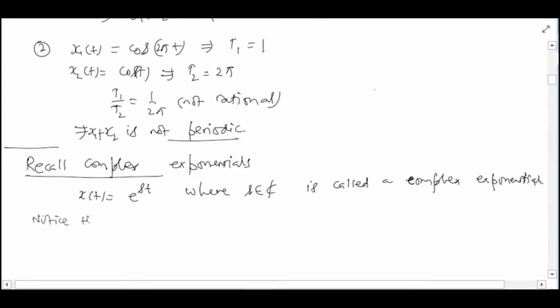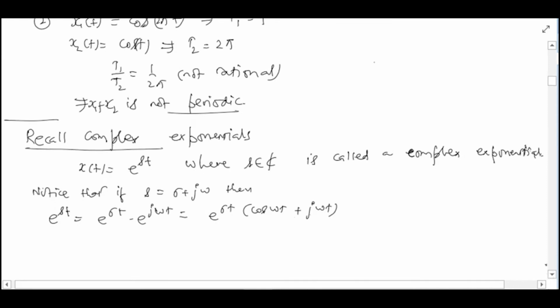Notice that if s, the complex number, is σ plus jω, then e^(st) is e^(σt) times e^(jωt), which in turn is e^(σt) times (cos ωt plus j sin ωt). Here the sine and cos functions constitute the periodic part, whereas e^(σt) is the envelope of the complex exponential.